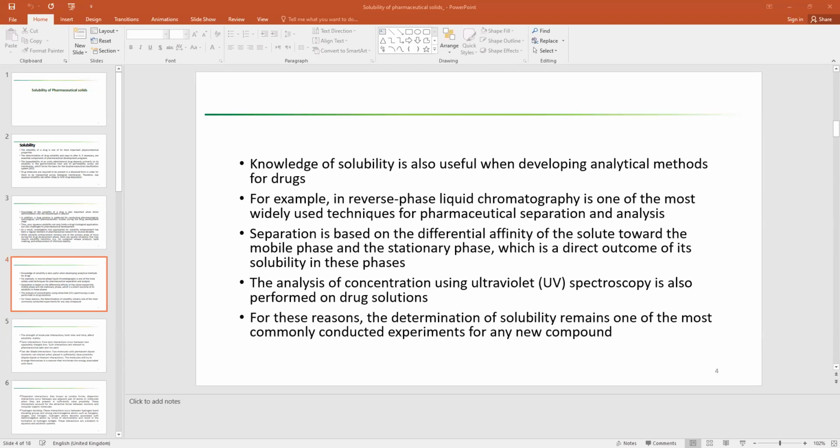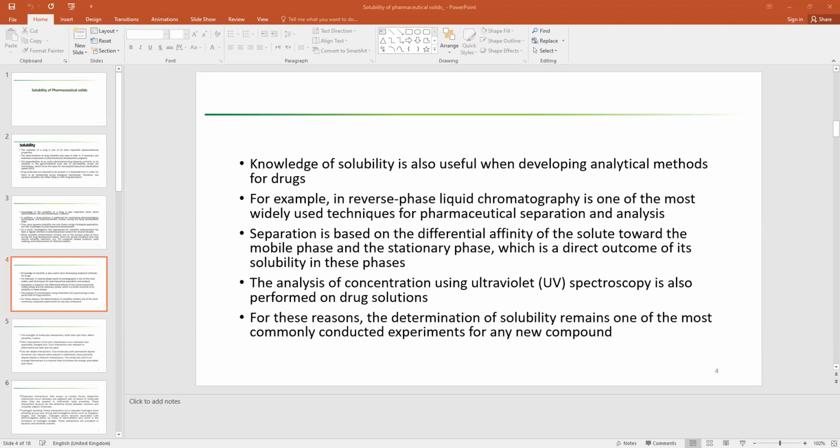In all cases, whether we want to enhance or lower solubility, knowledge of solubility is useful and essential. So, in this way, it is important to determine solubility when developing analytical techniques for drugs. As you're all aware, doctors, reverse phase liquid chromatography is a very widely used technique for pharmaceutical separation and analysis.